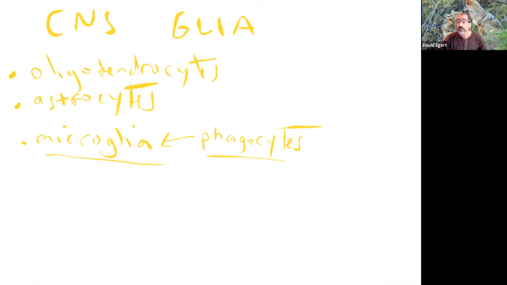It's all located in this hard case in your skull. So a lot of the immune system stuff is specialized. So microglia are phagocytes. They're part of the defenses, as well as a cleanup crew and pruning in the CNS.